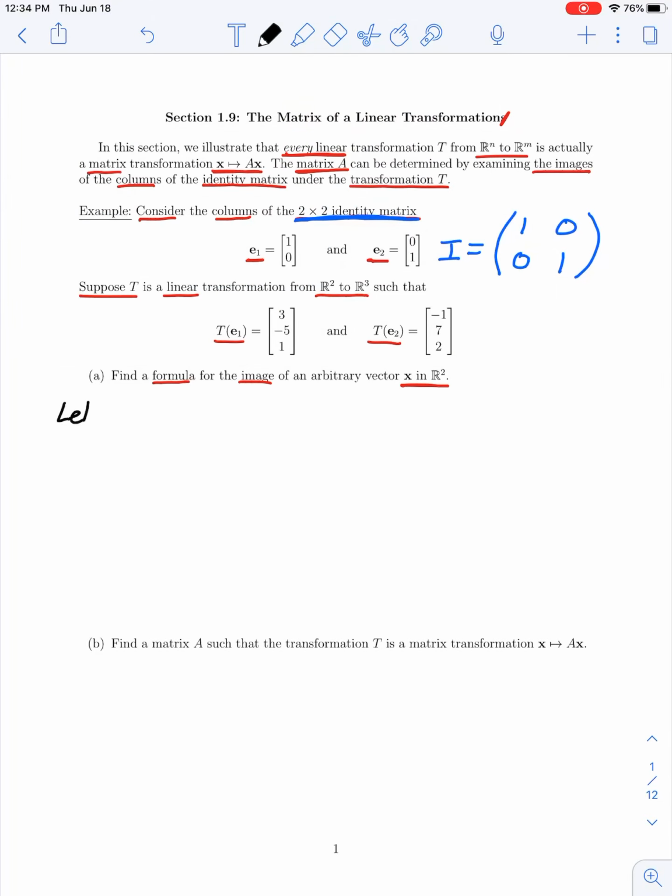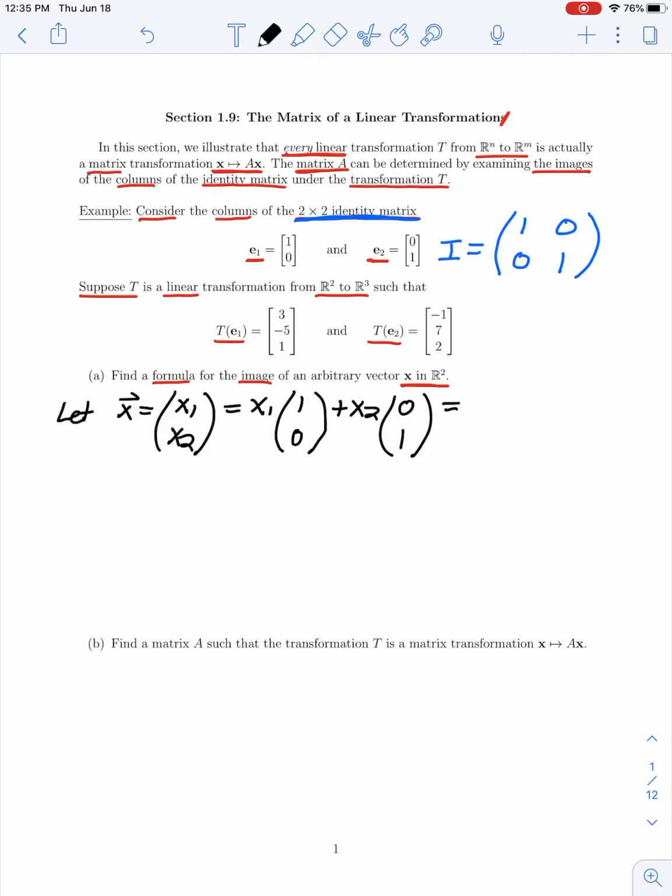Let's start by considering an arbitrary vector x in the plane. So it's a two-dimensional vector whose components I'm going to call x1 and x2. Now any arbitrary vector in the plane can be written in terms of e1 and e2 in the following way. I could take x1 times the vector (1, 0) to get x1 in my first component, plus x2 times the vector (0, 1) to get x2 as the second component.